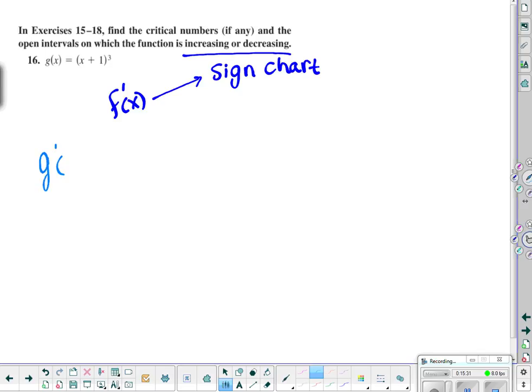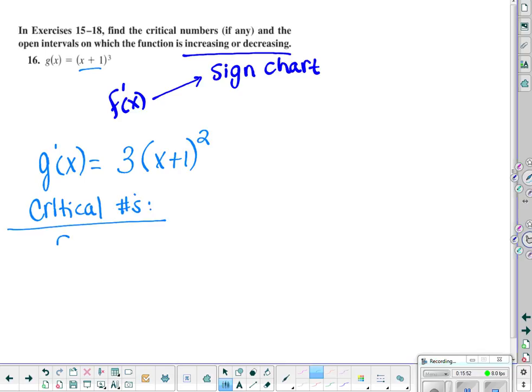G prime, I guess we're on g prime here. G prime is equal to, chain rule, 3 comes down, I get x plus 1 quantity squared. Derivative of the inside is simply 1. Now, in order to get my critical numbers, remember critical numbers come from f prime of x equaling 0 or f prime of x DNE.